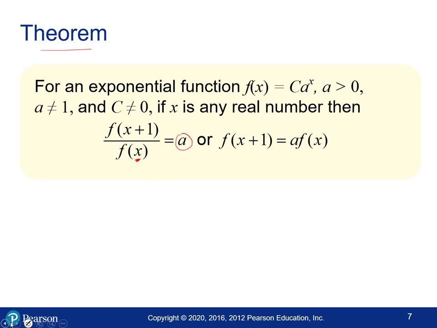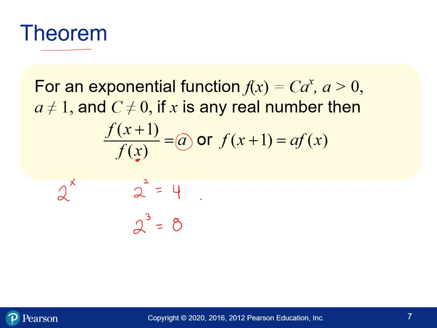Okay, so let me show you an example to make this theorem make sense. So let's say that my function was, let's just pick a nice one, 2 to the x. Okay, so 2 squared is 2 times 2, which is 4. And 2 to the next number, 3, is 8. 2 times 2 times 2.